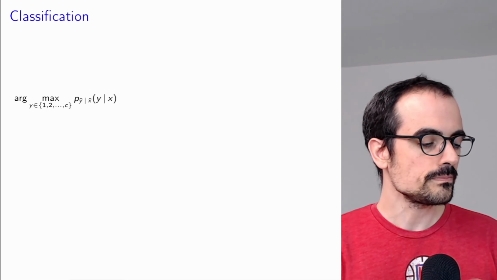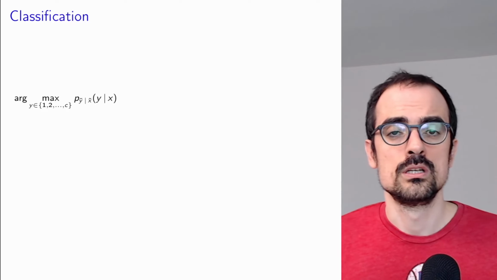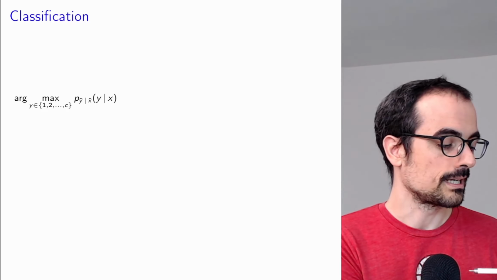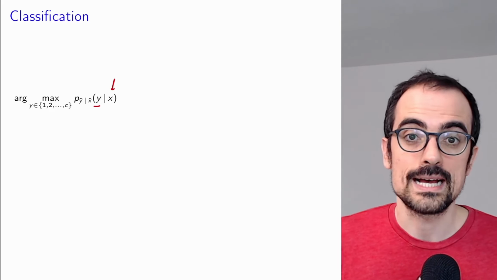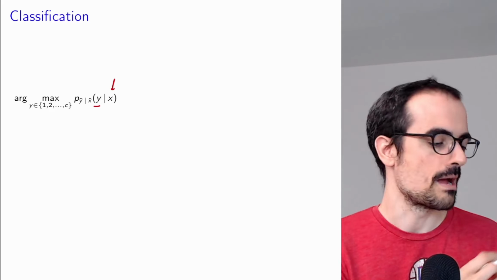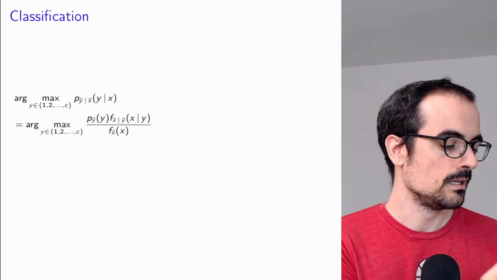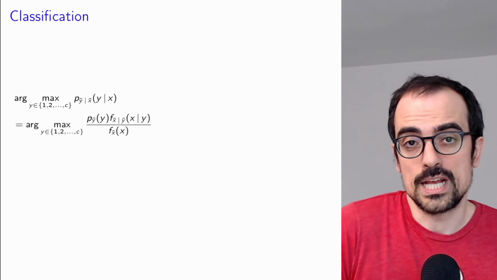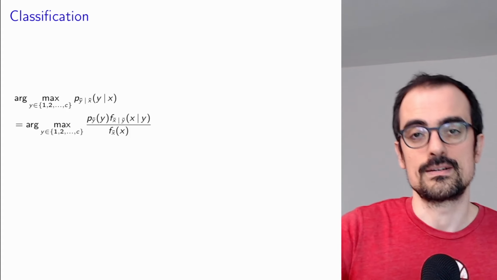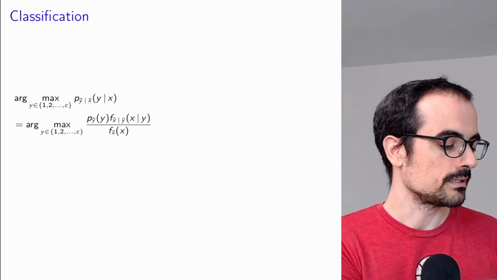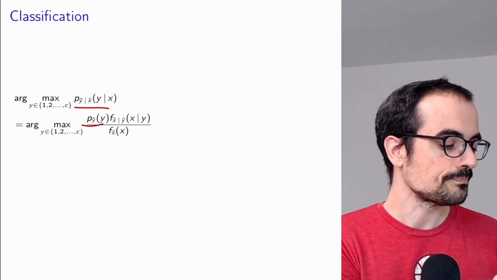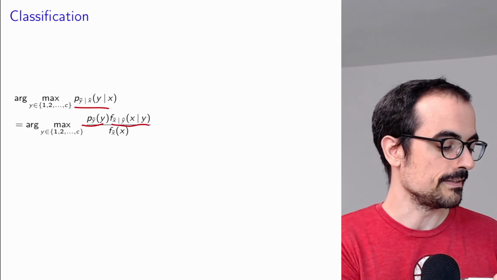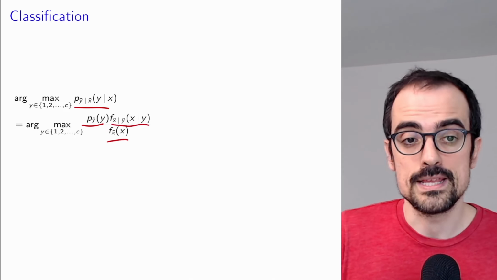And then we compute the conditional PMF of the class given the features. This is exactly the same as what we did for height, except that here I'm writing it more generally with C classes. We apply Bayes' rule, where we use the fact that the chain rule between discrete and continuous random variables holds, so that we can write the conditional PMF as the marginal PMF times the conditional PDF divided by the marginal PDF.